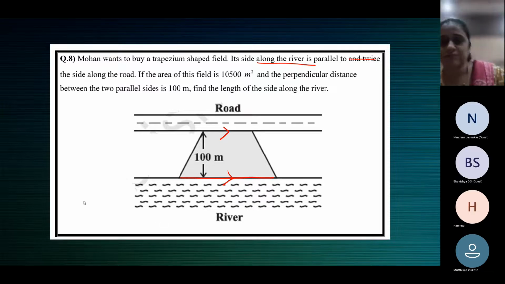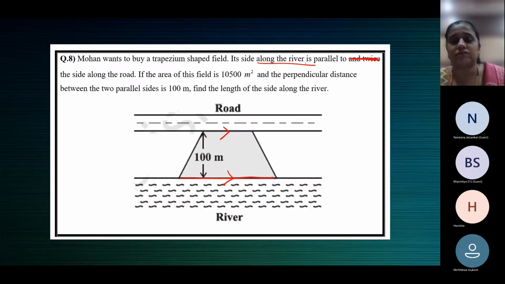Yeah, children, thank you. So let's read it like this. Its side along the river is parallel to the side along the road. See, I've just taken away these two words. Please read and understand like this.